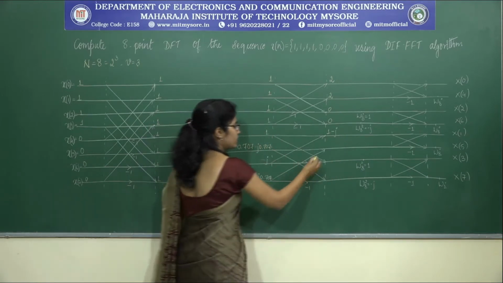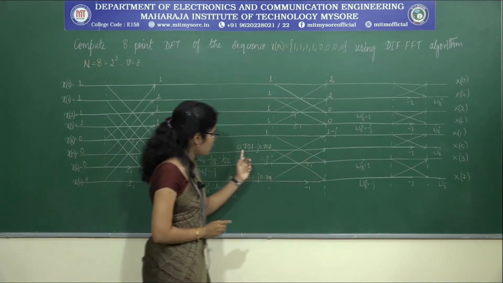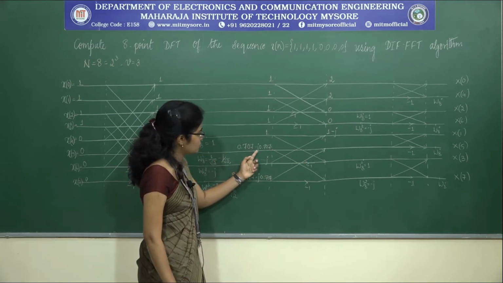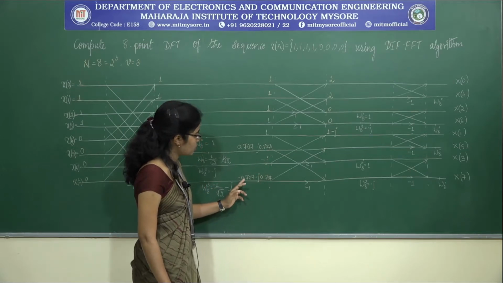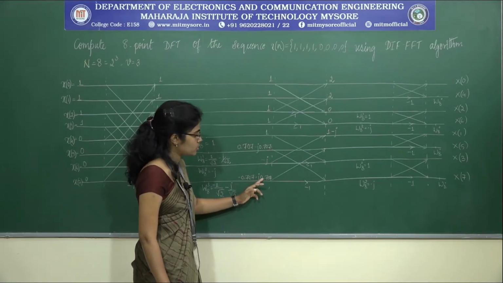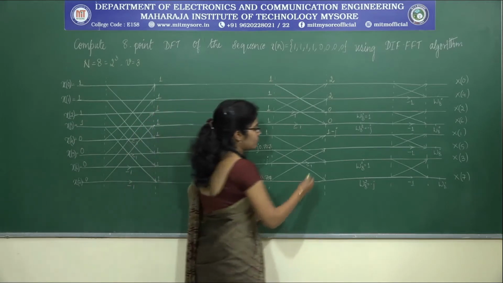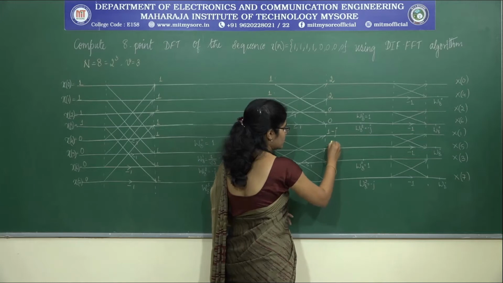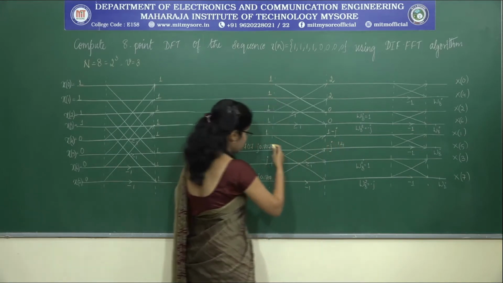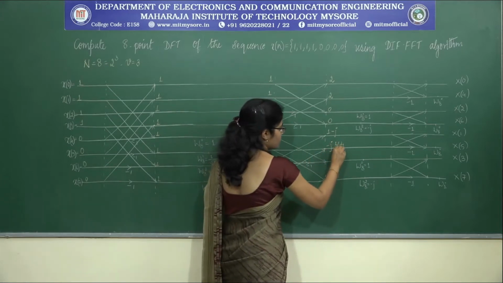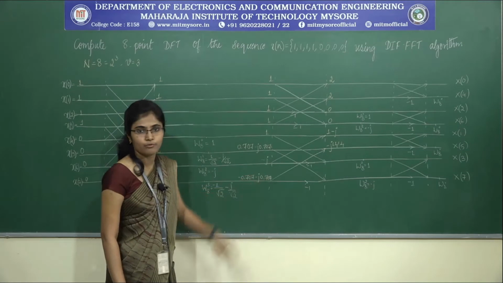Clear? At this particular point the data coming from this branch is 0.707 minus j 0.707, whereas from this point it is minus 0.707 minus j 0.707. So the real terms get cancelled and we are left with the imaginary term, which is equal to, 0.707 plus 0.707 is 1.414, so minus j 1.414.